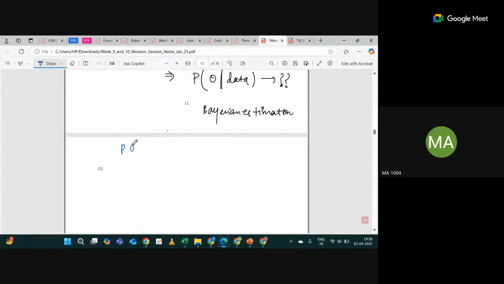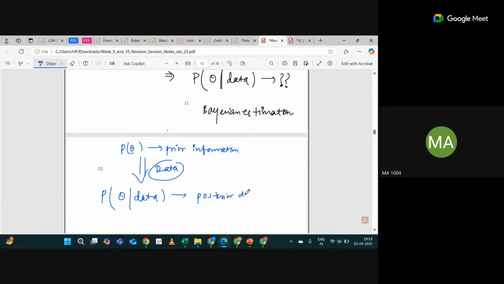What I told you, this p(theta) we are denoting for the prior information. Means you have some distribution about your theta. Now I'm going to use data in between here, and I'm going to find the probability of theta given this data. Means I'm going to update my belief with the help of this. So this is called the posterior distribution.